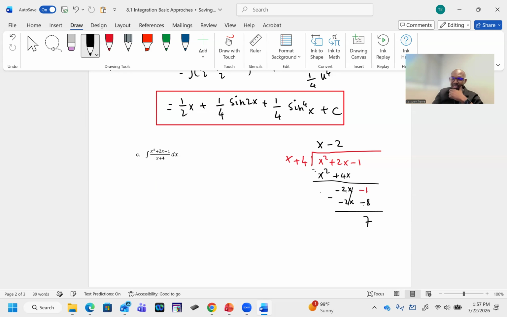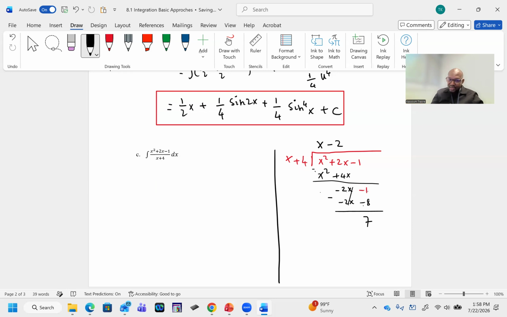What's the degree here? 0. What's the degree here? 1. So you can see the degree of the divisor now is greater than the remainder. So you leave it like this. So this means what? Again, I'm going to do my integration in the other parts, okay?